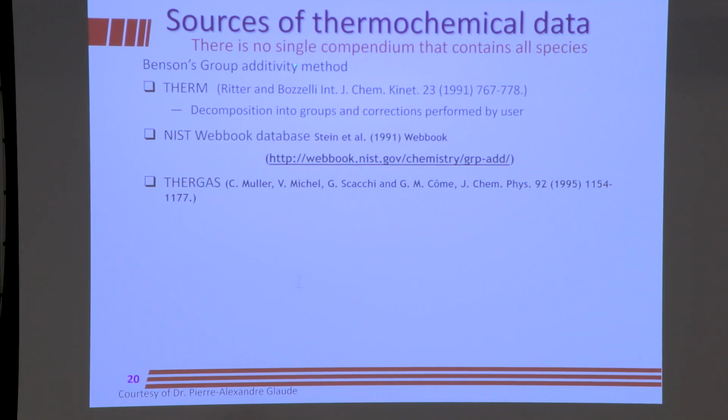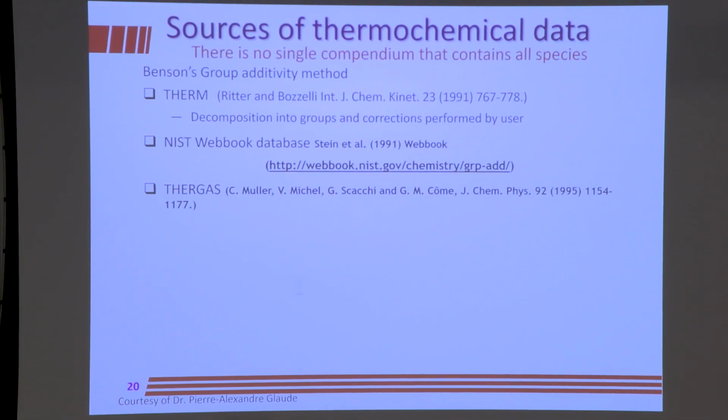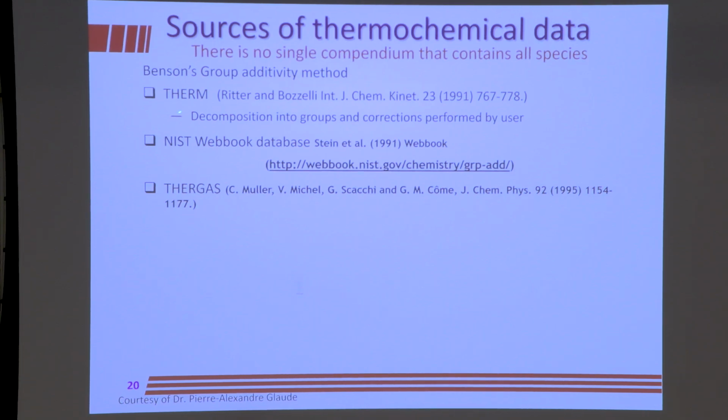Okay, there's no single compendium that contains all species, but you can use Benson's group additivity method, and we're going to do that later today, to determine thermodynamic parameters. The THERM code uses Benson's group additivity method to estimate or calculate thermodynamic parameters. Okay, there's the NIST WebBook database, but this has stopped being supported in the last number of years. It's no longer being supported.